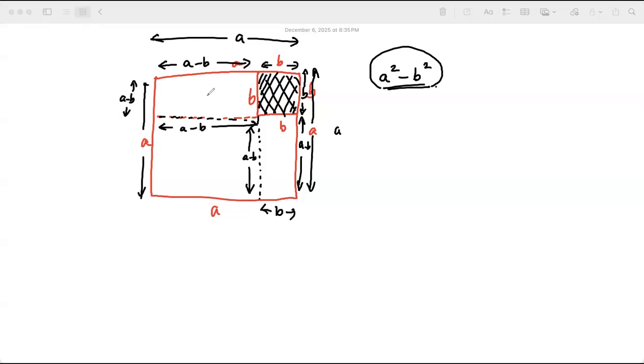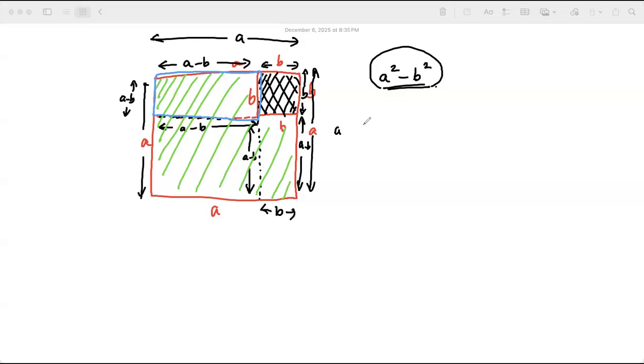Now I have to calculate it from the figure. How to calculate it? The remaining figure after that B sided square is cut off is the green part, correct? The green part can be written as, let me first consider this rectangle. What is the area of that rectangle?